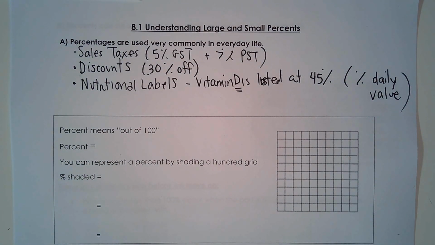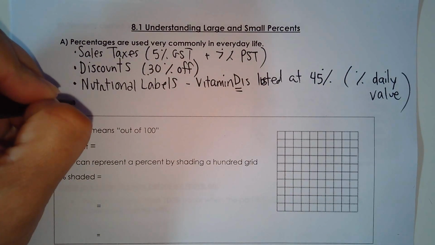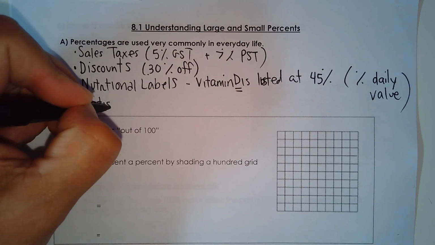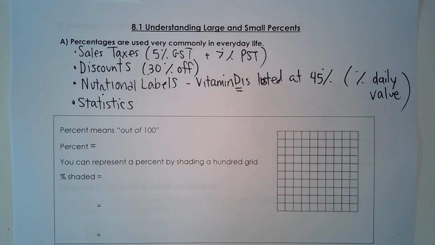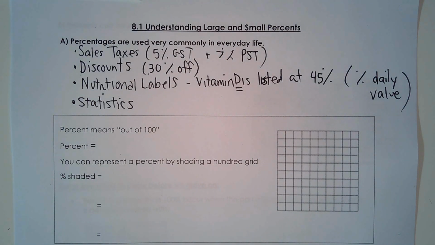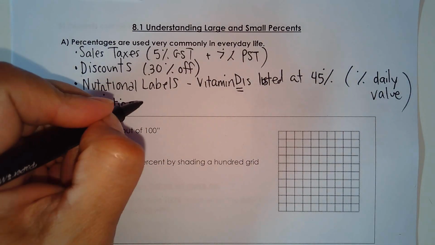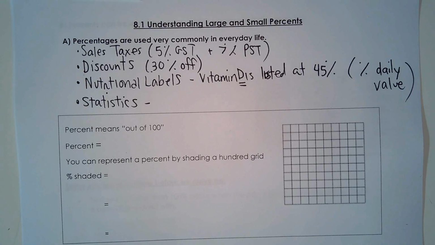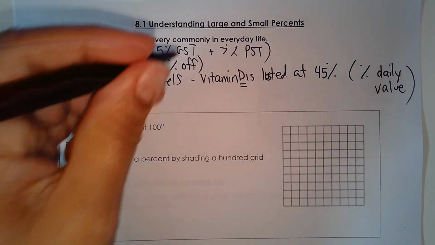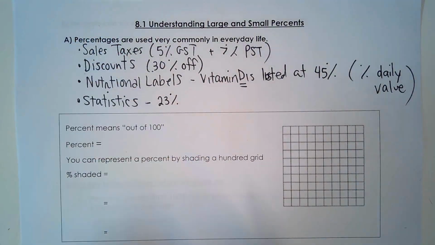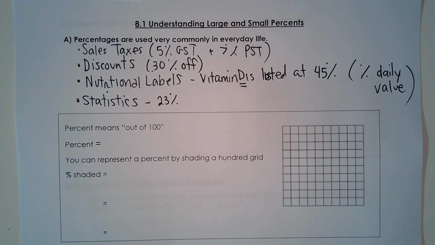Another place where we would encounter percentages is in statistics. This is a big one. We see statistics everywhere in sports, in finance, in health. So, for example, with COVID-19 right now, I was just looking at the Canadian website and it said that 23% of all COVID cases were either exposed while traveling or exposed to a traveler coming to Canada.